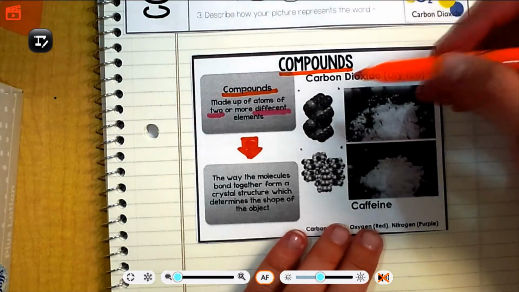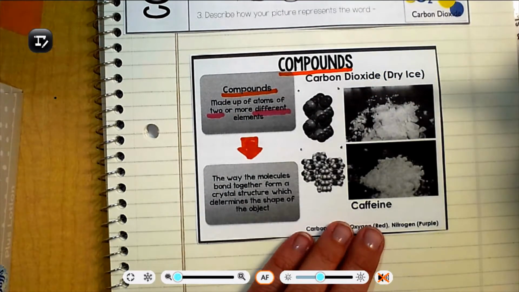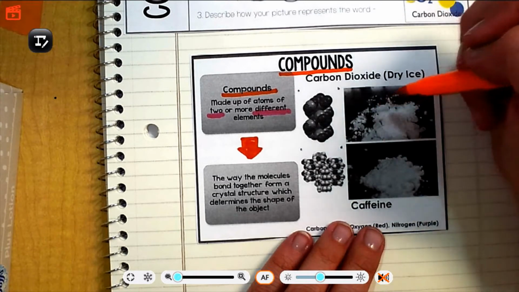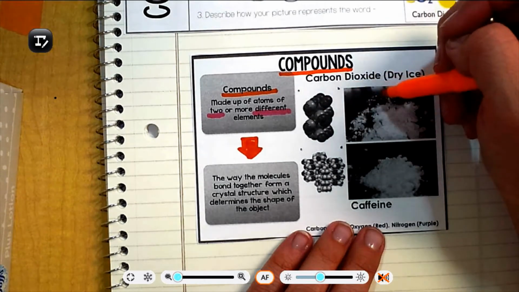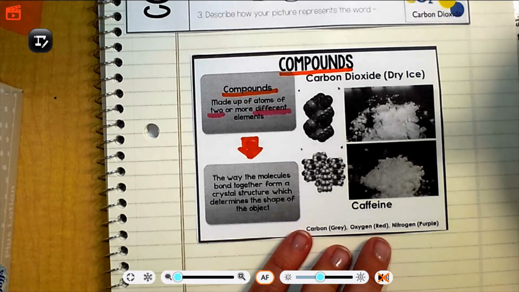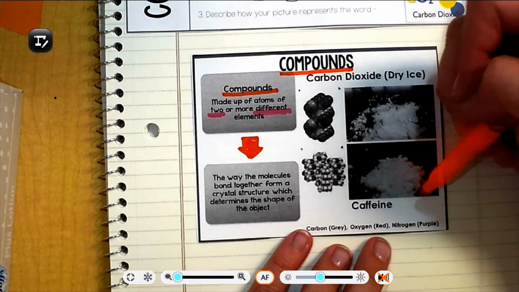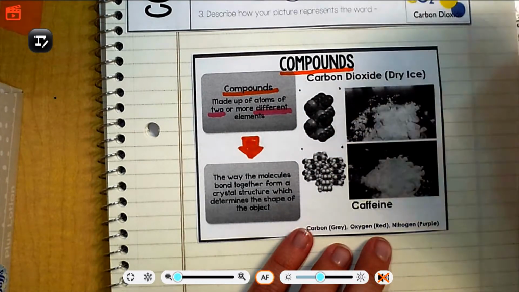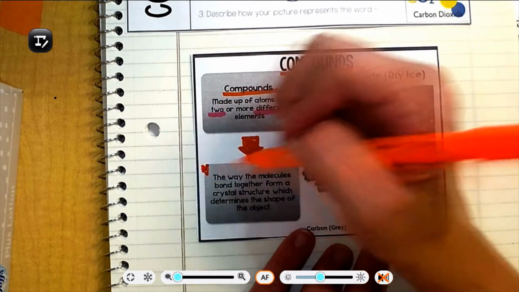So if you've seen like cold carbon dioxide, which is dry ice, it looks really sharp and kind of more rigid because it looks like this. And then caffeine, like what's in Coca-Cola or coffee, is a lot more powdery because it has these smaller, more soft molecules. So this is just a fun fact that we're adding in.